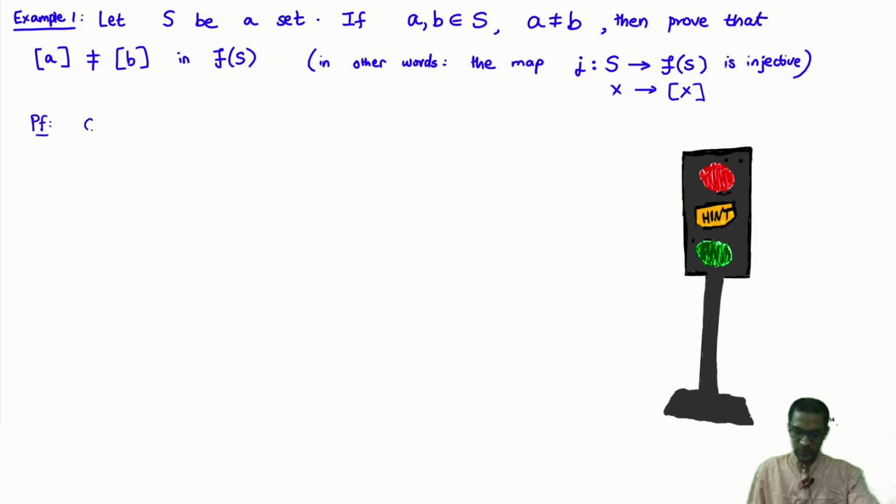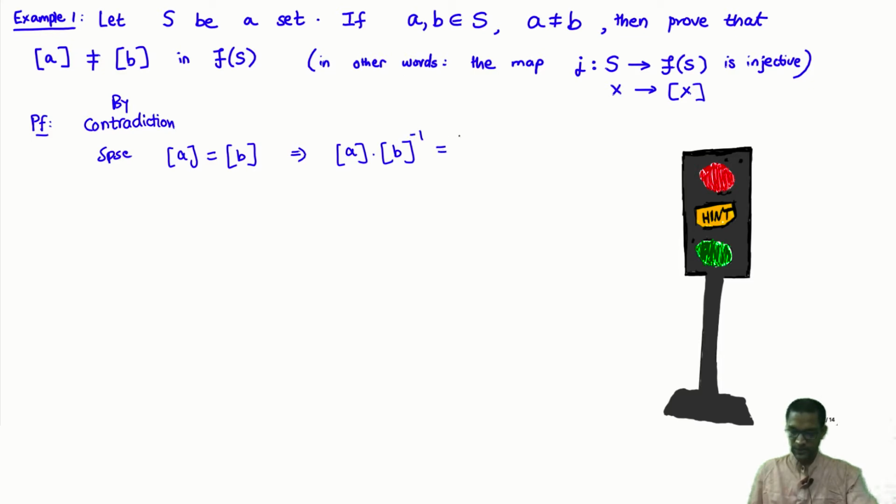One thing we could try is an argument by contradiction. Suppose these 2 equivalence classes are actually equal to each other in the free group. What does that mean? It means that if I take A and I multiply it by B inverse, I should get the identity in the free group.